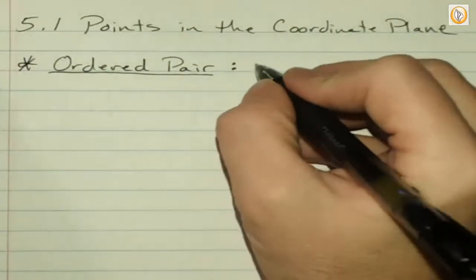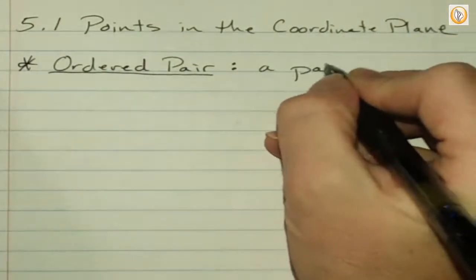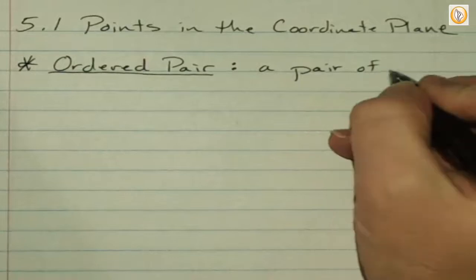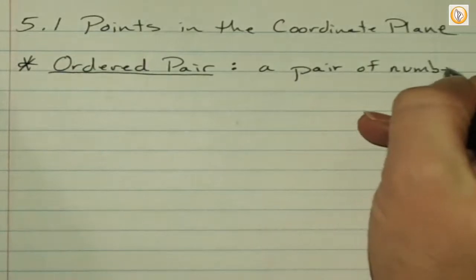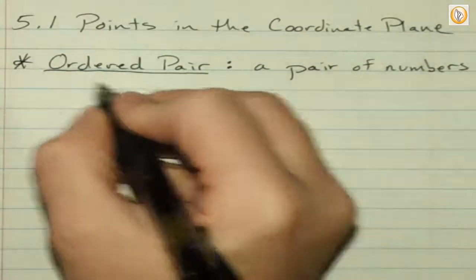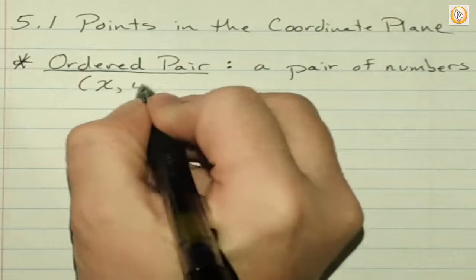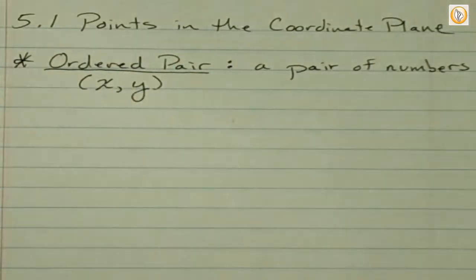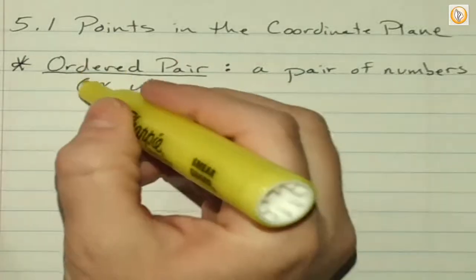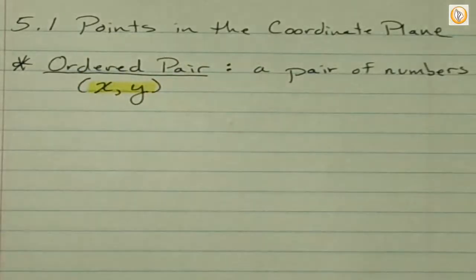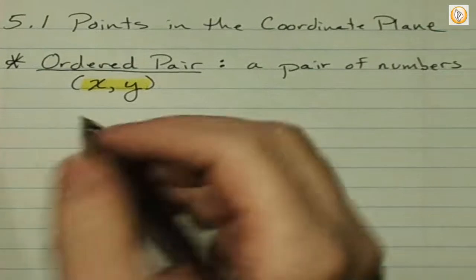Ordered pair. It's a pair of numbers. And what do they look like? X and Y. You all should know that, whether you were here last year, physically or mentally, or not, because you see this all the time.